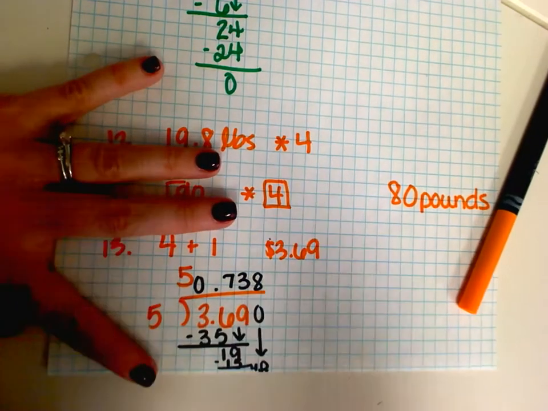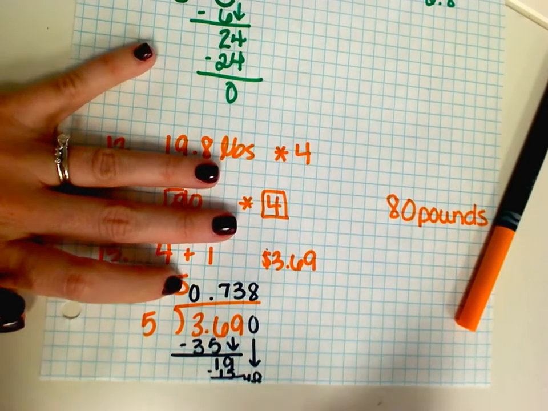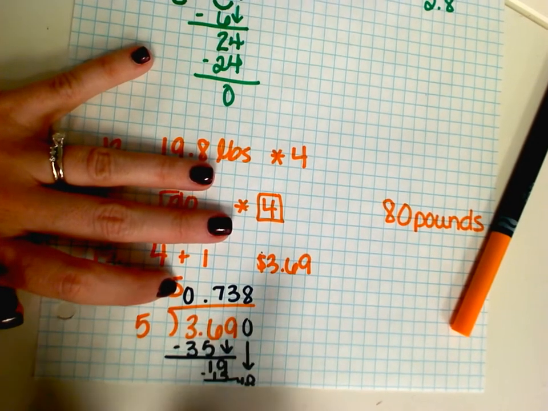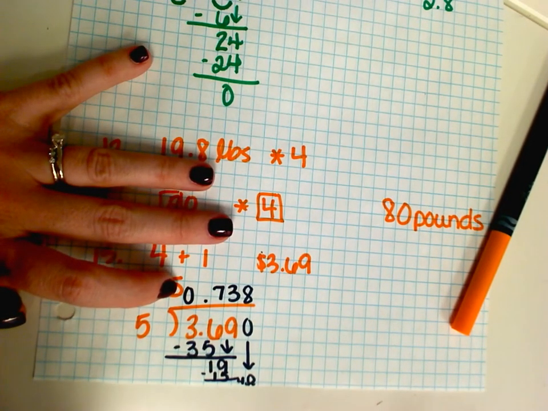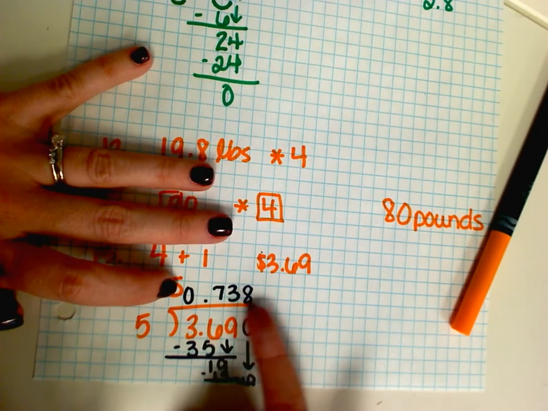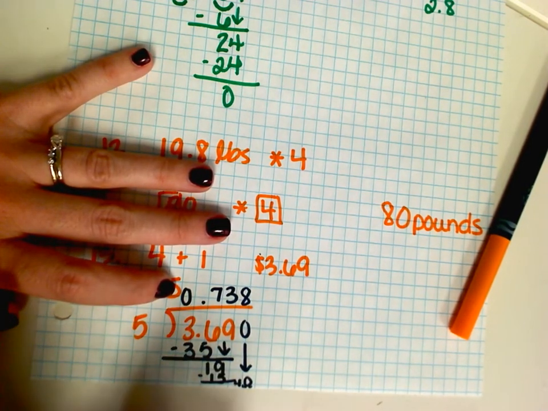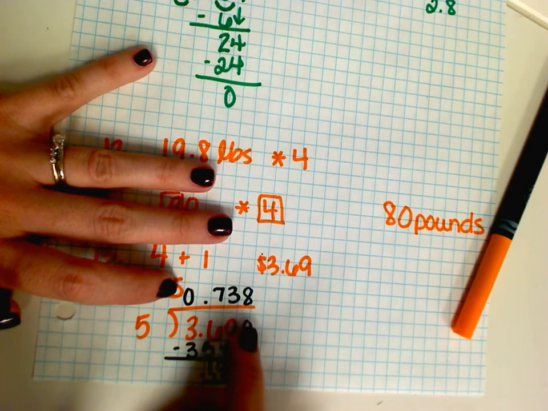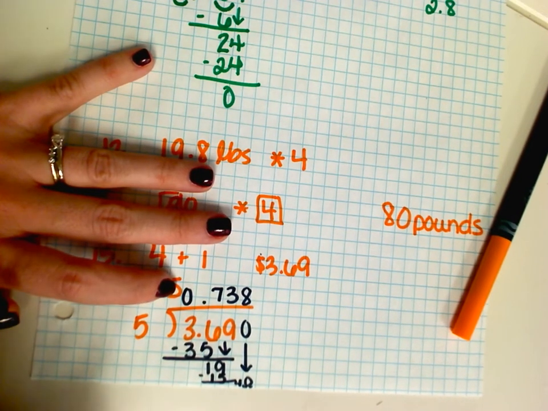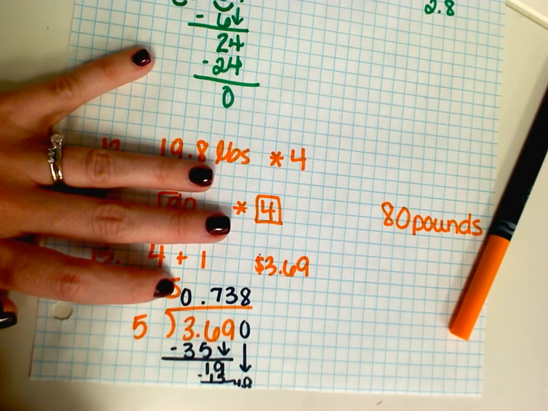All right, but wait a second. When I'm dealing with money, because I need to find out how much each friend is going to pay, I can't have 3 decimal places. The problem said to round to the nearest cent. Think about what you know about rounding, which is really like we're rounding to the nearest hundredth. And how much is that going to be?